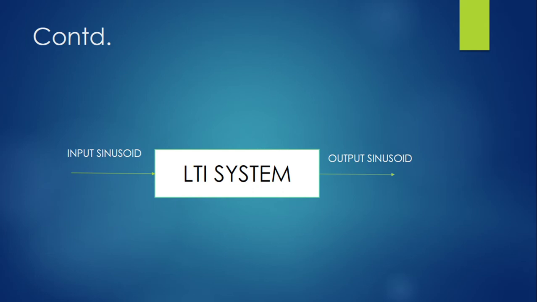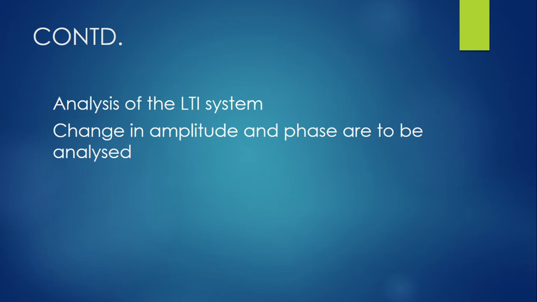You give a sinusoidal signal as input to an LTI system, and the output will be a sinusoidal signal with the same frequency as the input, with only a change in its amplitude or its phase. So if you want to analyze an LTI system, what we have to study is only the change in the amplitude and the phase. In this way, we can analyze the LTI system.